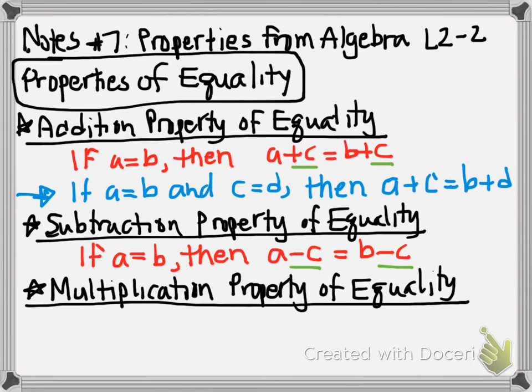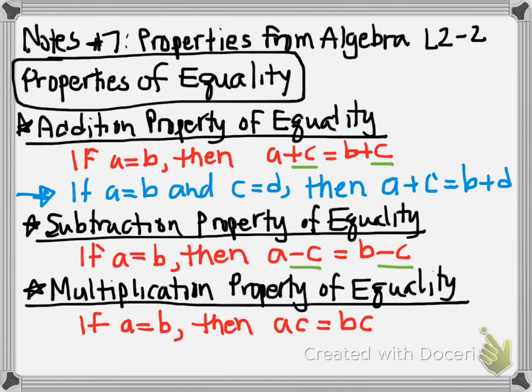And, you know, again, this goes back to last year and year before. If A equals B, then the product I get when I multiply both sides of the equation by C, the relationship, that value, will stay the same.